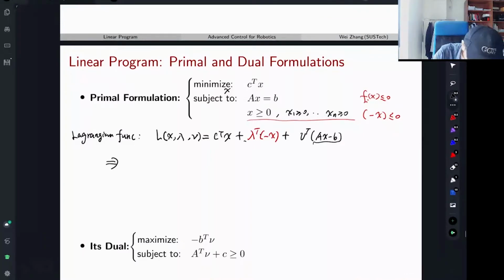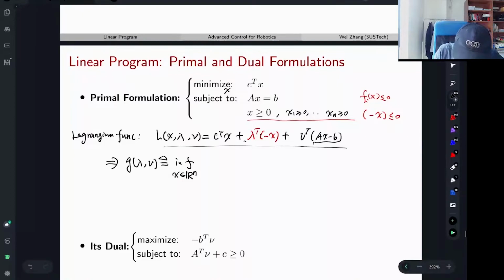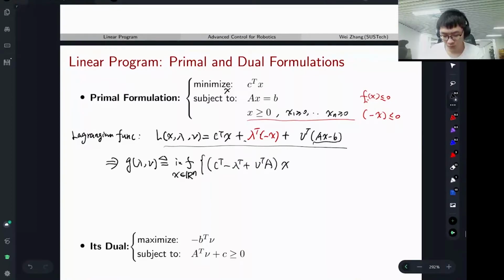Then I can define the dual function g(lambda, nu). By definition, that will be the infimum over x in R^n of the Lagrangian. If I group terms, there's something related to x, which is c transpose minus lambda transpose plus nu transpose A, times x.